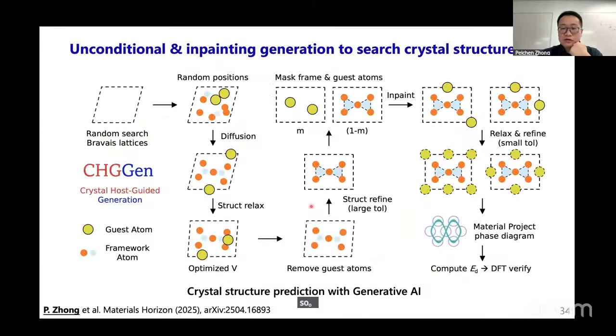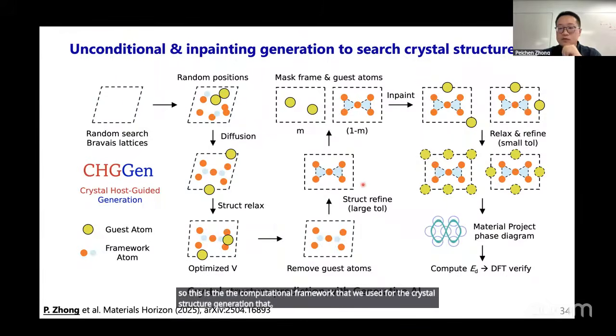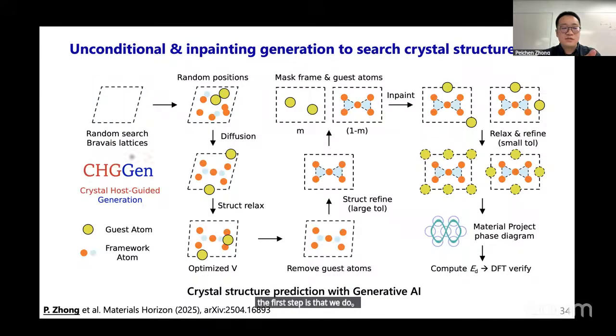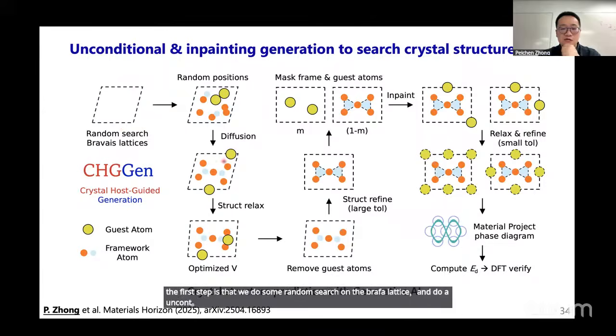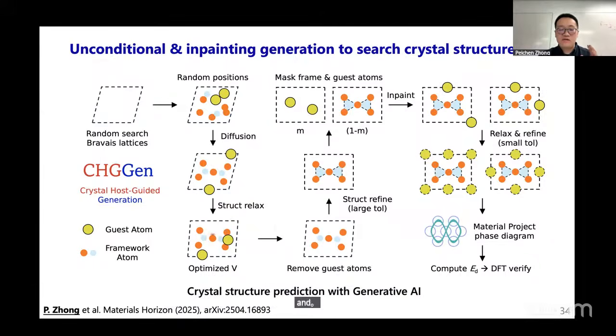So this is the computational framework that we used for the crystal structure generation. That is basically composed of 2 steps. The first step is that we do some random search on the Bravais lattice and do an unconditional diffusion process. After that, we use the machine learning potential to do some relaxation to get the optimized volume. After this step, certain local bonding environments are formed.